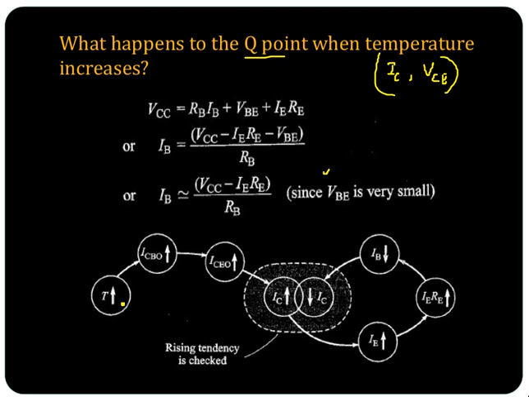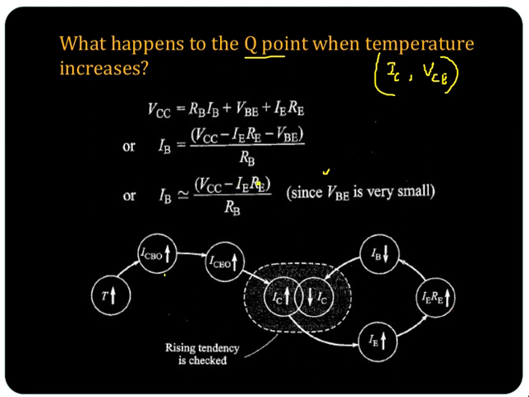You can see the leakage current ICBO will increase as temperature increases, and ICEO will increase, and this will cause an increase in the collector current. So when collector current increases, obviously emitter current will also increase, isn't it? IE is equal to IB plus IC. Now as IE increases, this IERE drop also will increase.